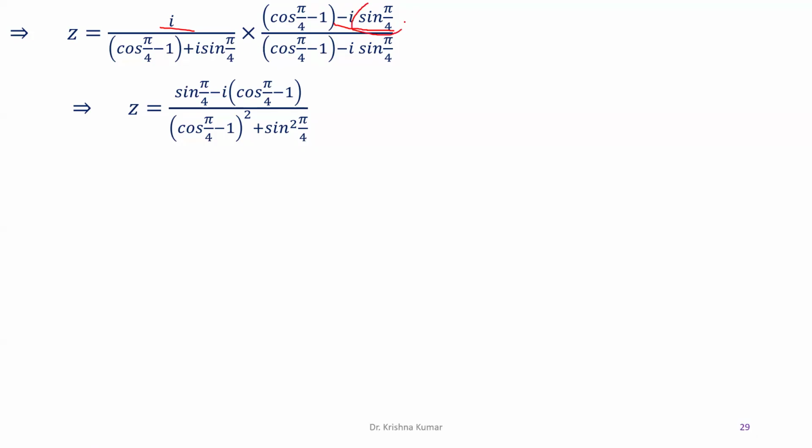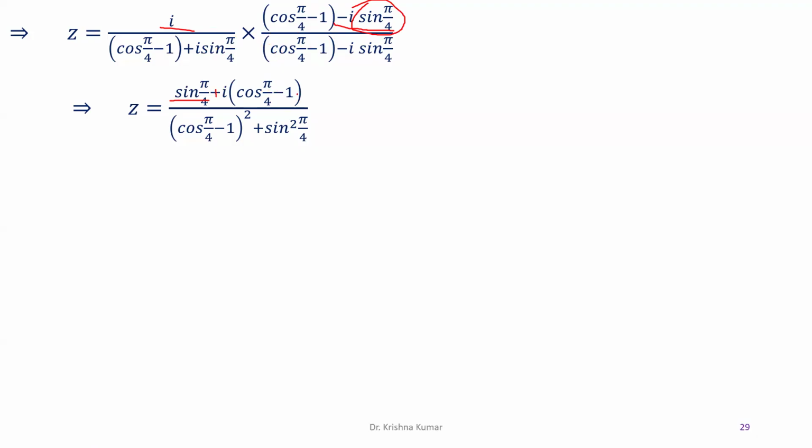We have sin pi/4 as the first term, then plus i(cos pi/4 - 1). This should not be minus, it should be plus.